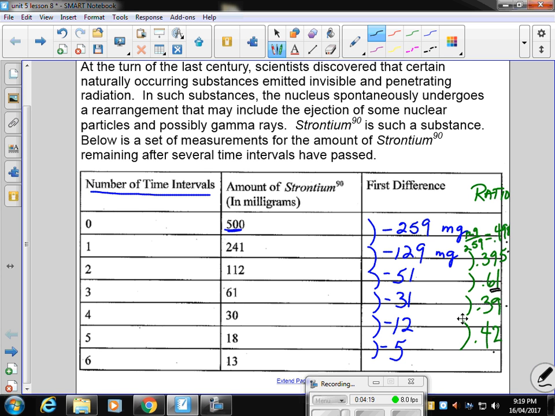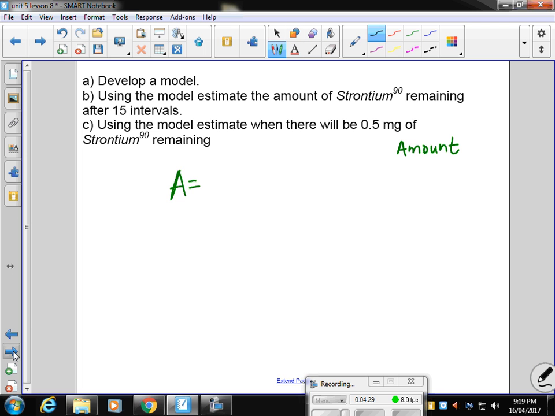In the midst of all of that, approximately 0.4 seems to be the ratio that we're going down each time. Noticing it is not very perfect. But our rate of change seems to be 0.4. That is definitely exponential decay.